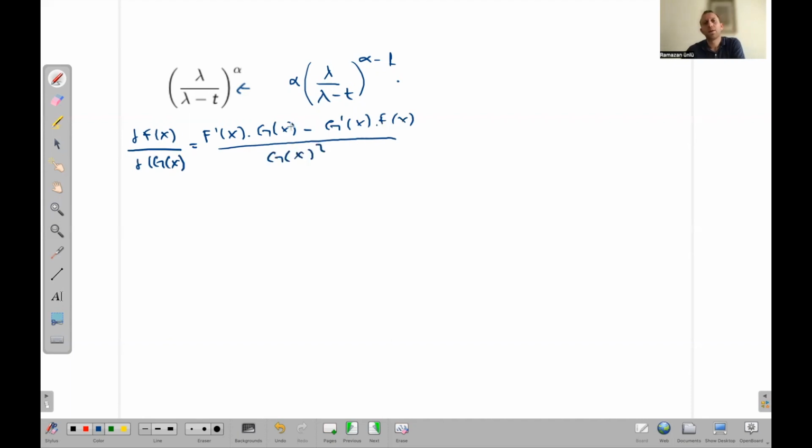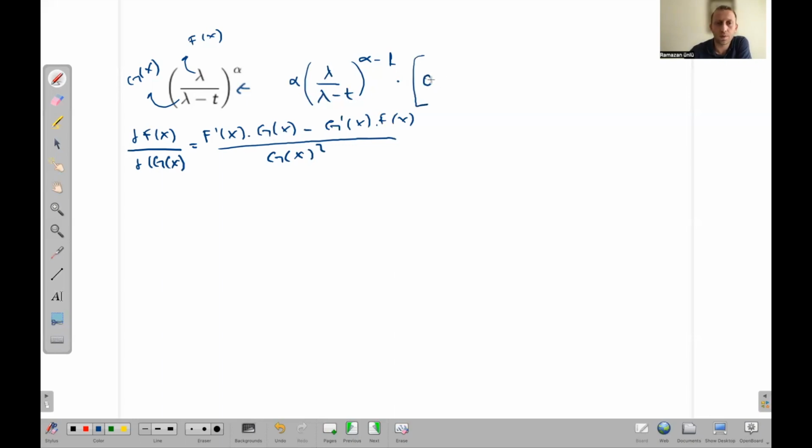Okay. Now let's say that is our f of x, and that is the g of x. So let's start from here. What is the derivative of that one with respect to t, which is 0? So this whole thing will be 0, right? Okay.